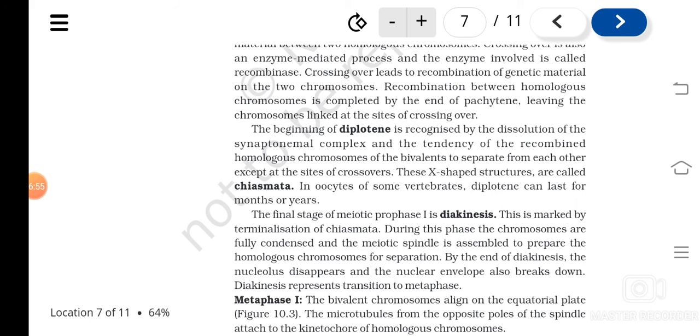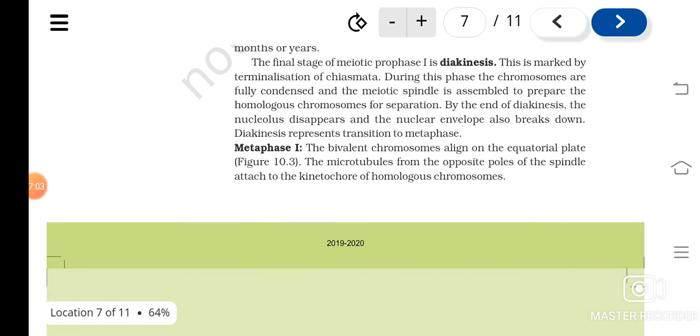So about prophase, you understood prophase 1 is a very long phase and it contains various stages. Then next is metaphase 1. In metaphase of mitosis, what is the speciality? If we have 46 chromosomes, all 46 chromosomes will get aligned in the center, in the equatorial plane.